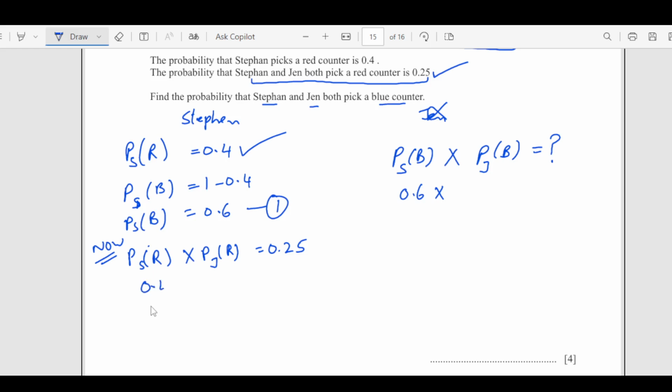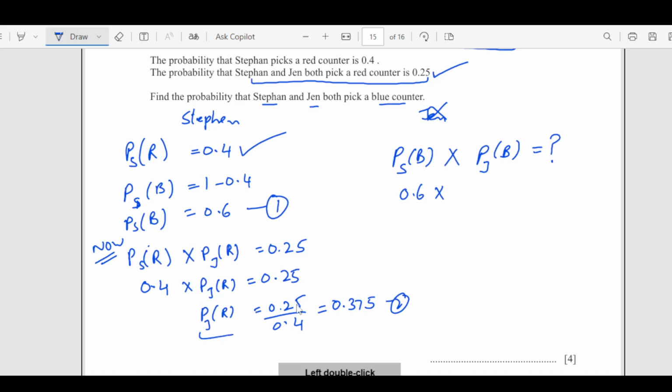So 0.4 times the probability of Jen picking red is 0.25. So the probability of Jen picking red is 0.25 divided by 0.4, which comes out to be 0.625. This is what we were looking for.